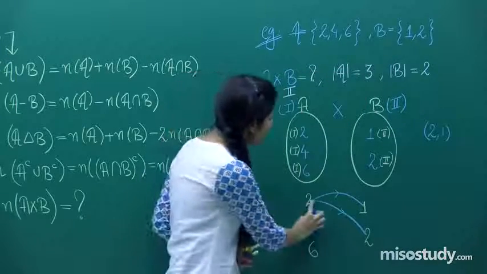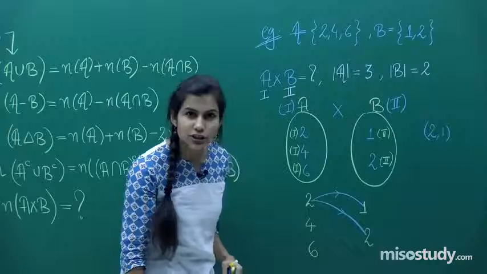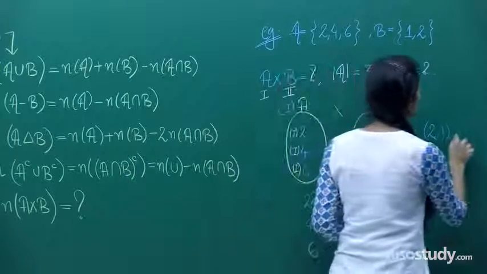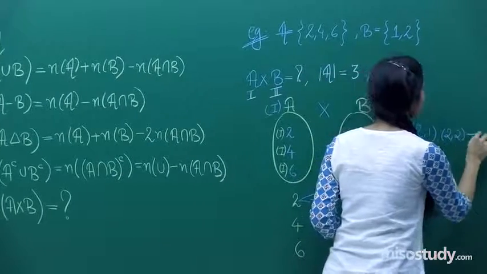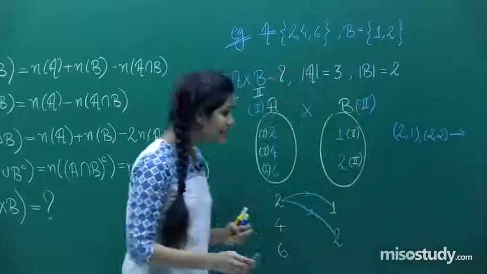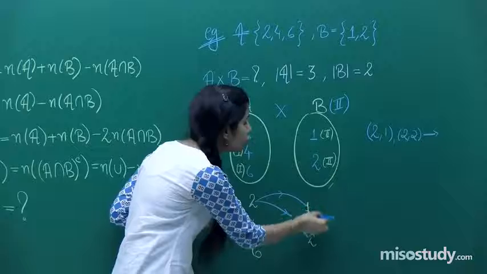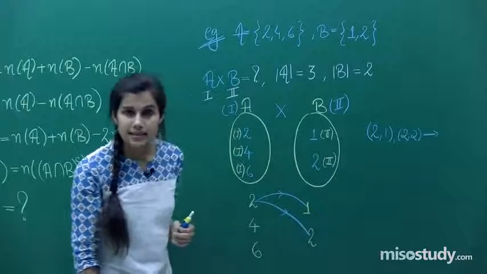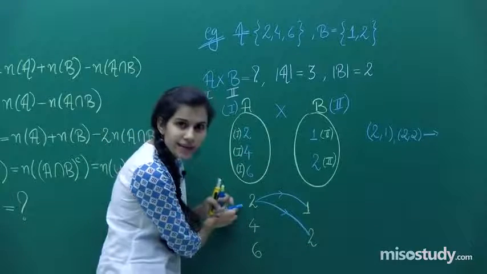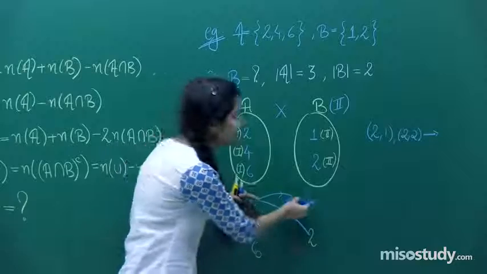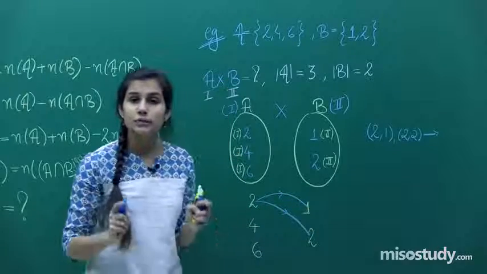The moment you pair 2 with the second element of B, you get 2, 2. This means one element of set A is giving me 2 ordered pairs. Corresponding to one element of set A, I am getting 2 distinct ordered pairs.